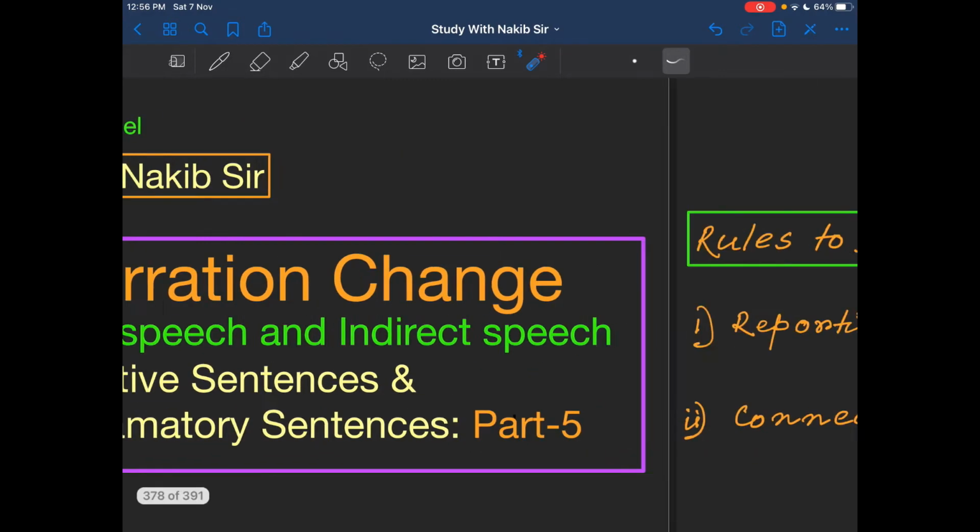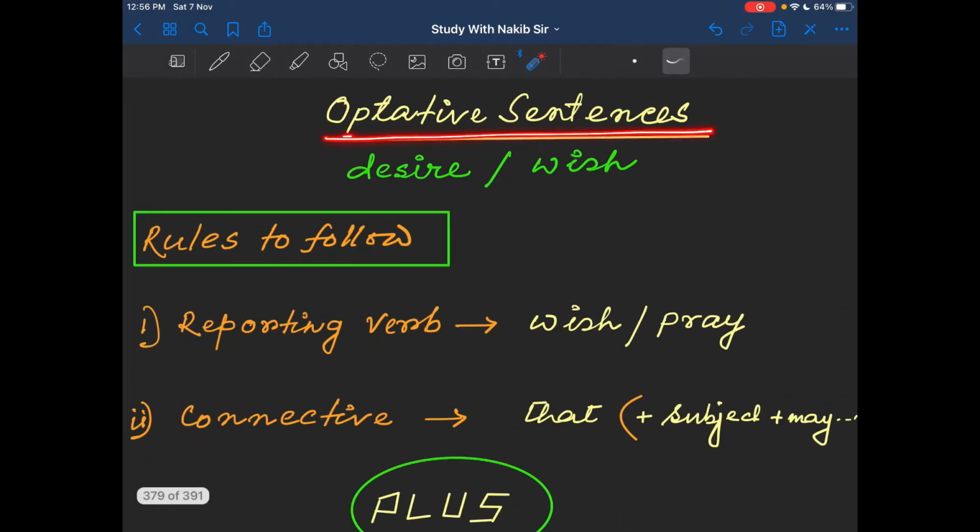Okay, now optative sentences, narration change of optative sentences, the sentences expressing desire or wish. Now come to the rules to follow. The first rule is the rule about the change of a reporting verb in the indirect narration.